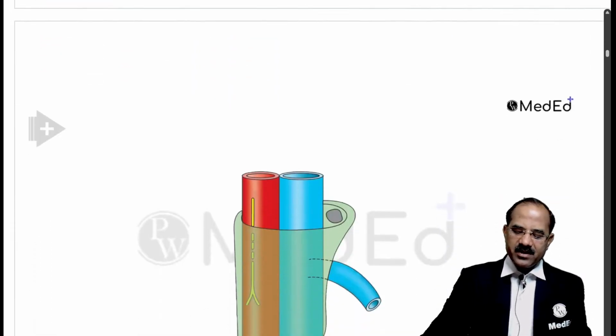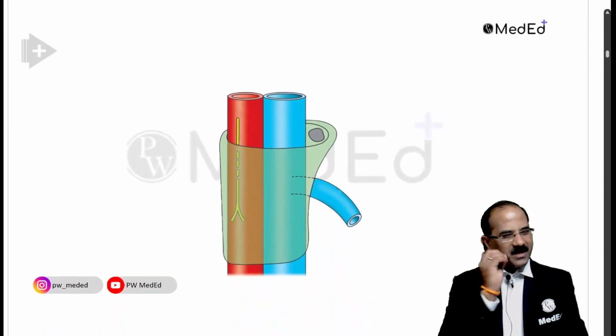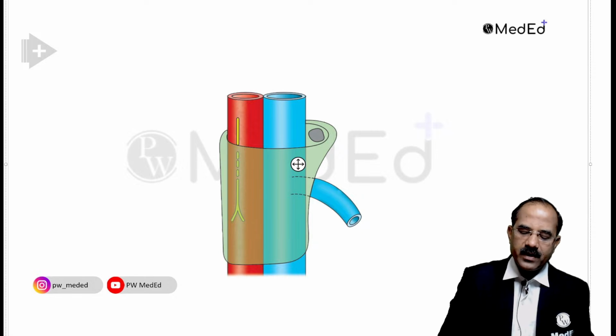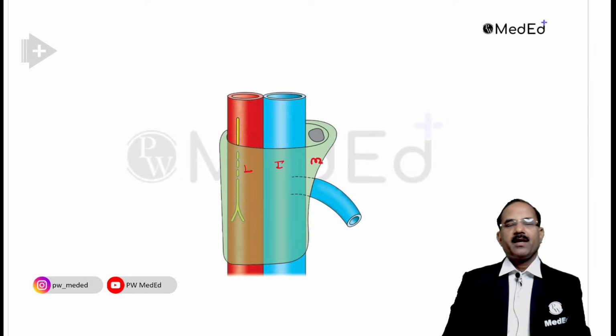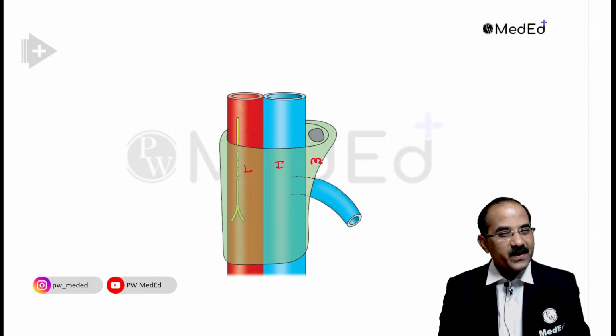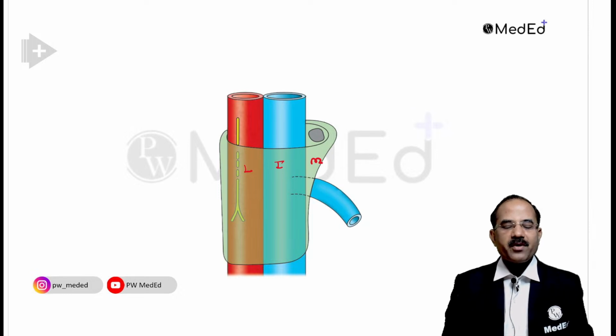So now you tell me, this femoral sheath has got three compartments. तीन compartments हैं. One is the lateral compartment, one is the intermediate, and one is the medial compartment. Lateral, intermediate, and medial. Who lies in the lateral compartment? Students, a very important MCQ.